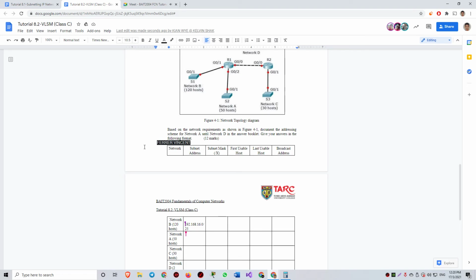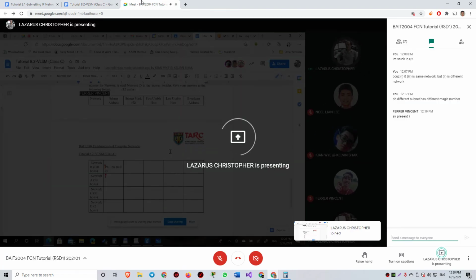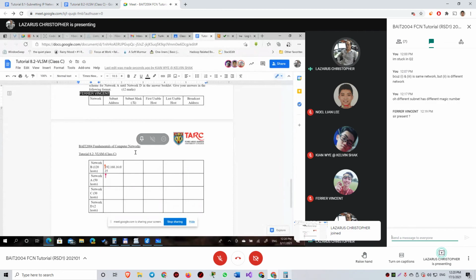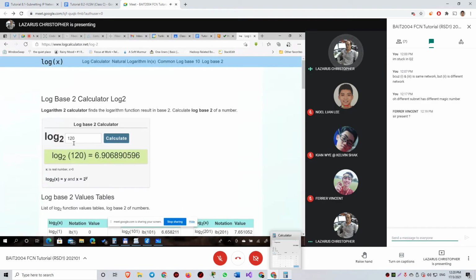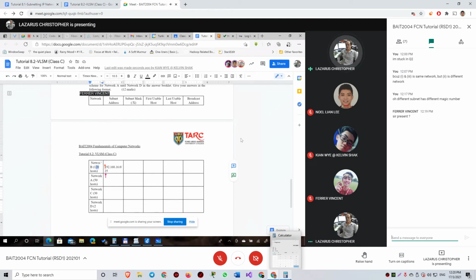Okay, so for Farah, the requirement is 120. You plug in here, you get 7 bits. So 8 bits minus 7 bits for the host part, the network part borrows 1 bit. So 24 plus the 1 borrowed bit is 26.